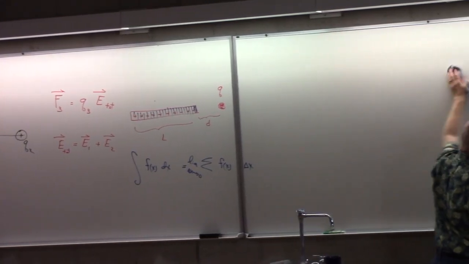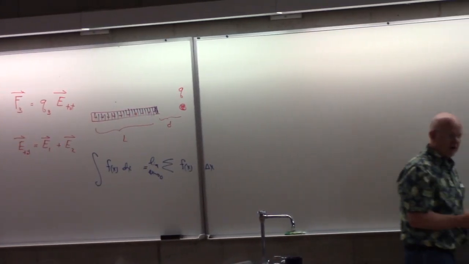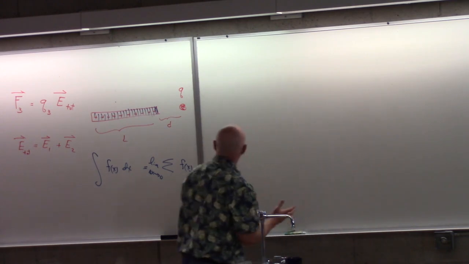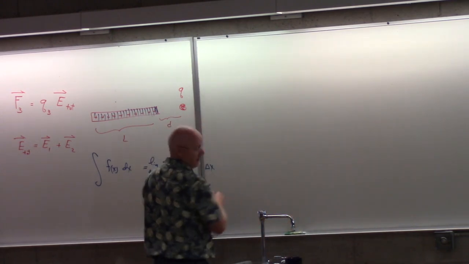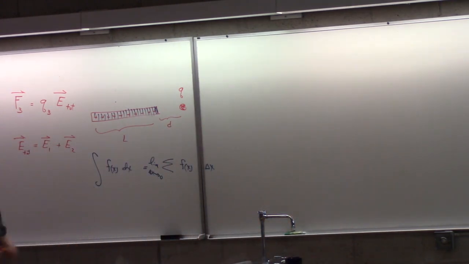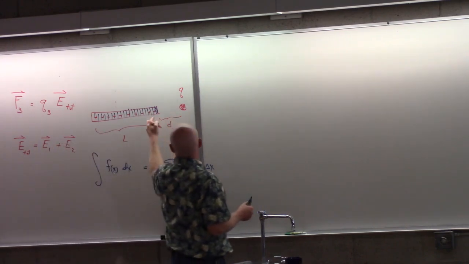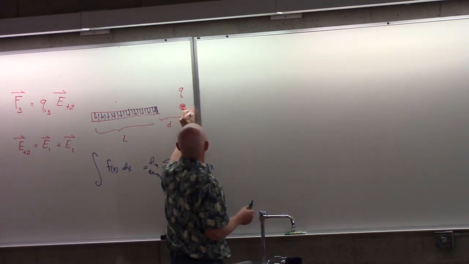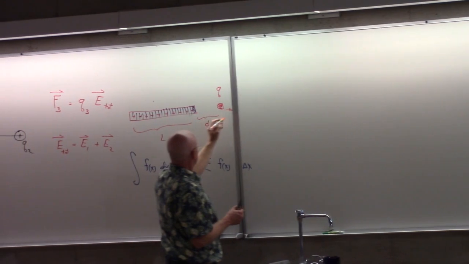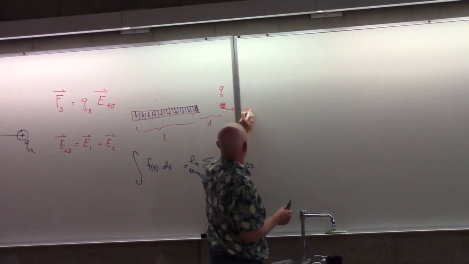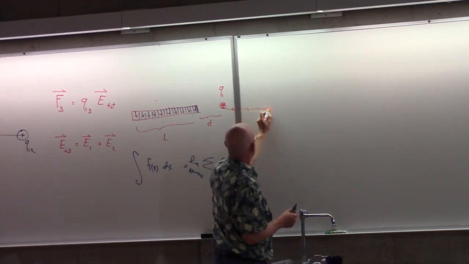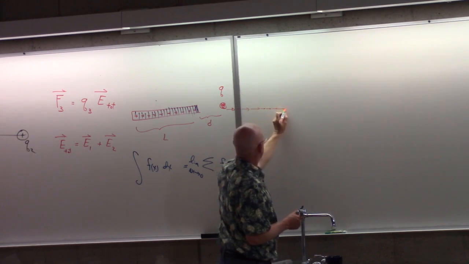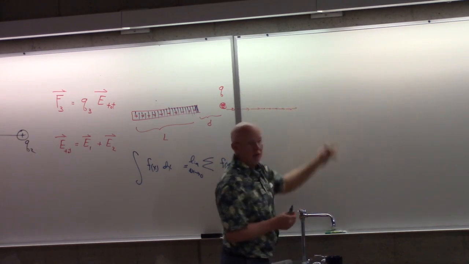So the direction part of this one is fairly simple. I'll do my orange here: the electric field from this first one, the second one, the third one, the fourth one, the fifth one, the sixth one, the seventh one, the eighth one, the ninth one, are like this.